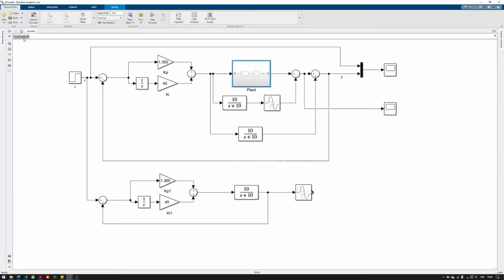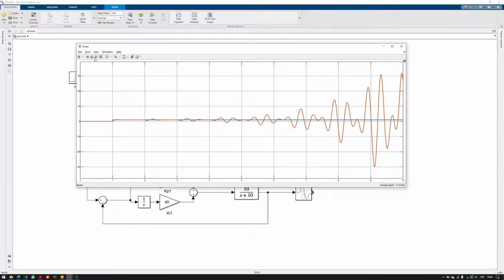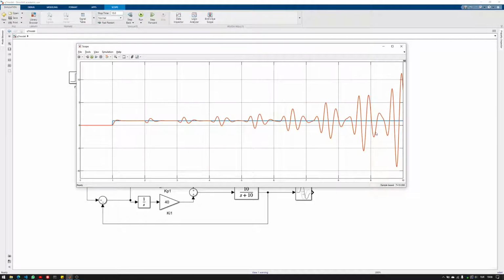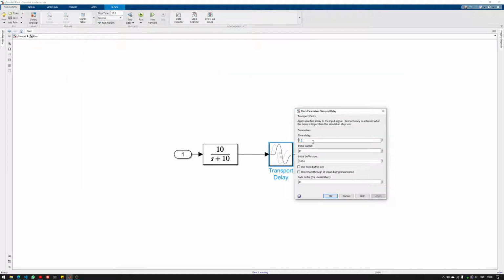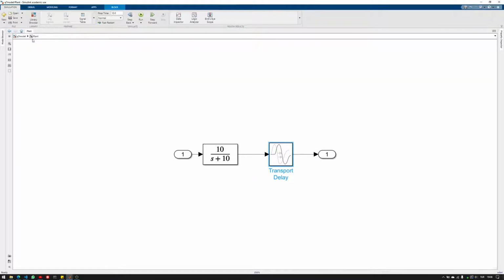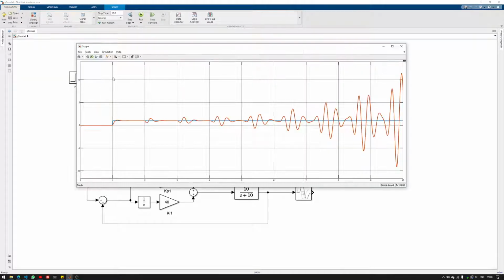Let's reduce it a little bit, and let's run it again. Still the same. Let's decrease it a little bit more, maybe 0.5. So just a 5% error maybe. Hope that this one works.